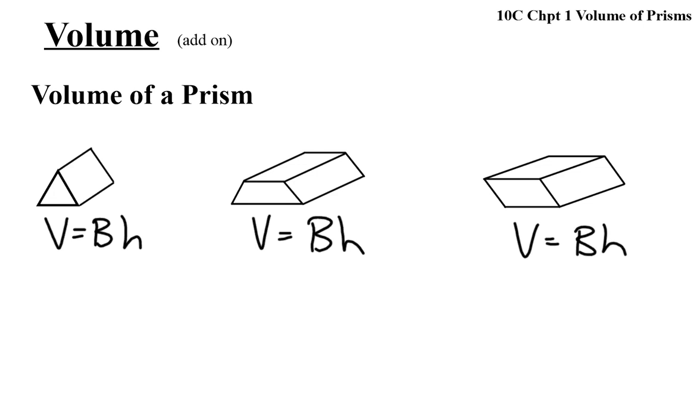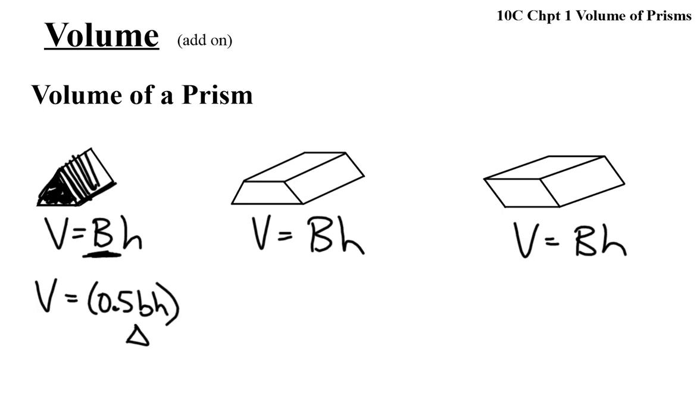But now I want specific formulas. What kind of base do we have? We have a triangle base because it's a triangle stacked a whole bunch of times to get the third dimension. So because the base is a triangle, our specific formula for this triangular prism, how do I get the area of that triangle base? 1/2 base times height.